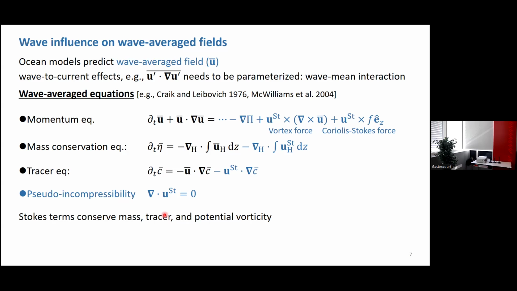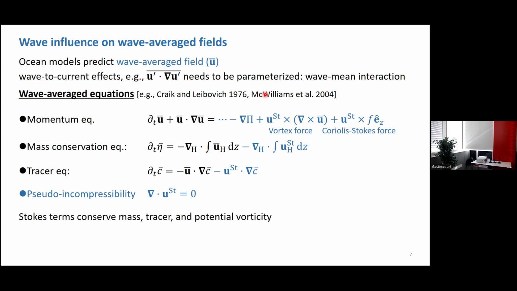So the prognostic variables of ocean models can be thought of as a wave average velocity. The subgrid scale phenomena's effect, including the Stokes drift, needs to be parameterized into such equations.